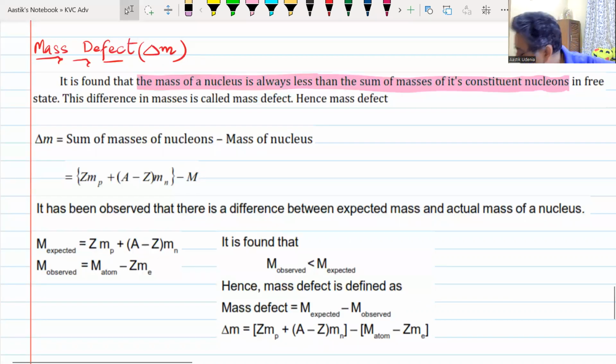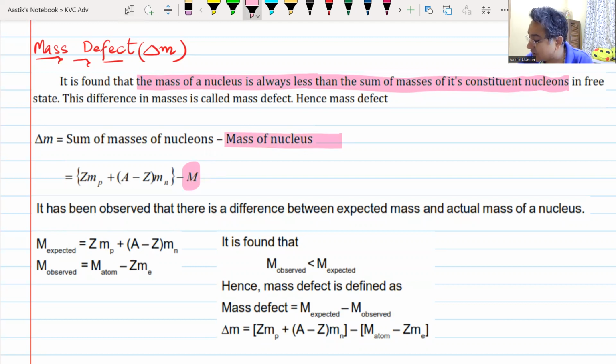So the observed mass is less than the expected mass. The mass defect will be expected mass minus observed mass: Z times the mass of proton plus A minus Z times the mass of the neutrons minus the mass of the nucleus. Here I have written M, which is the mass of the nucleus.